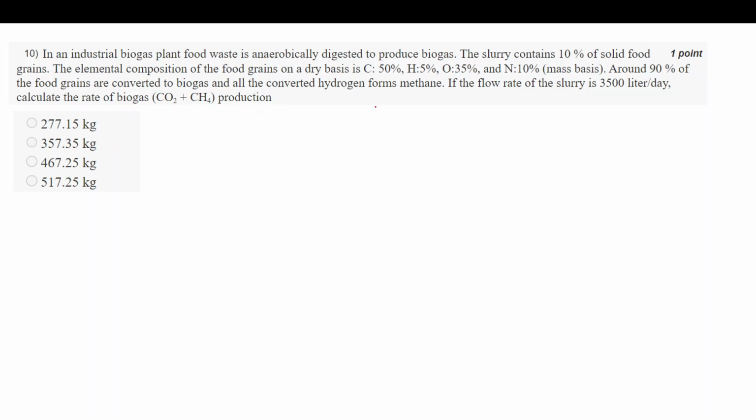So the rate of biogas production is nothing but the biogas formed in 1 day.